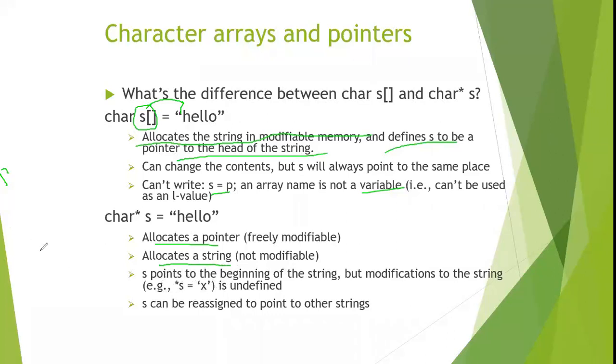Like if I write here %s = x, this is also not working. So in case of a character array, an array cannot be assigned to a value or a variable. This is wrong. So this is telling you the difference between char s[] and char *s, right?